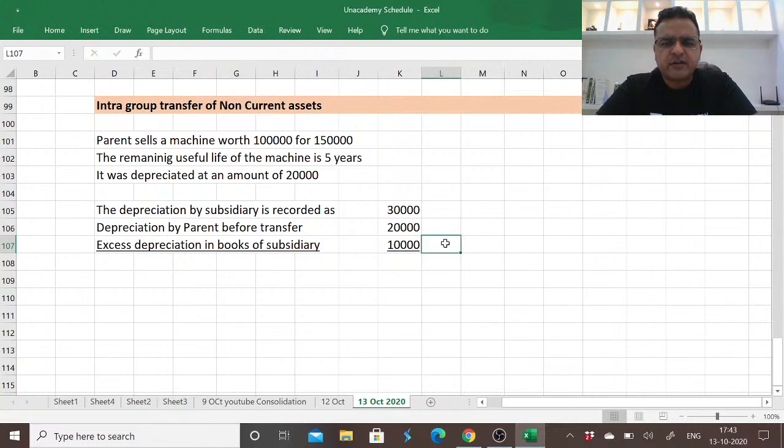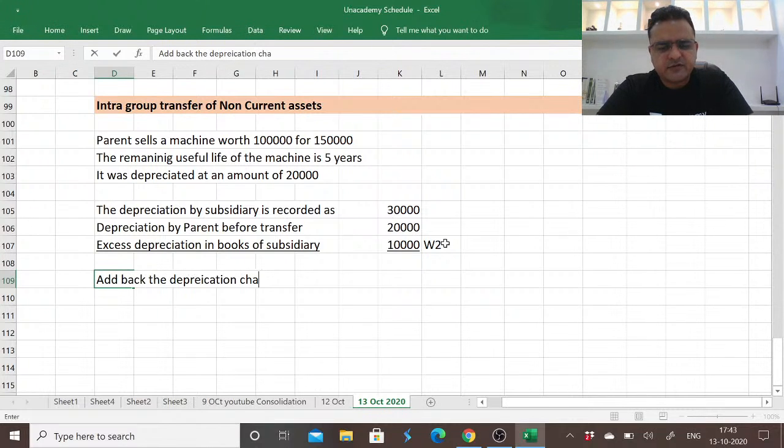As far as our workings are concerned, we will make the adjustment in working note number 2. We'll add back the depreciation charge to net assets on the date of balance sheet.